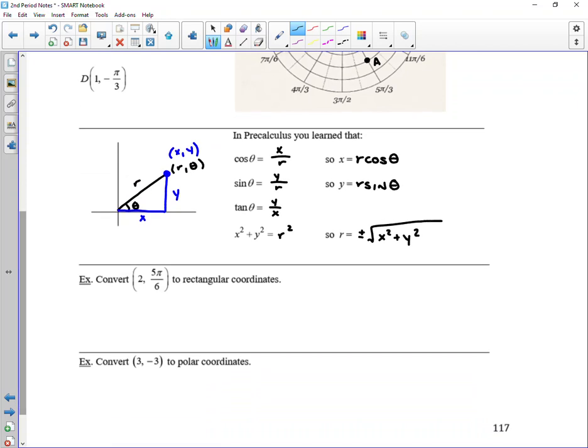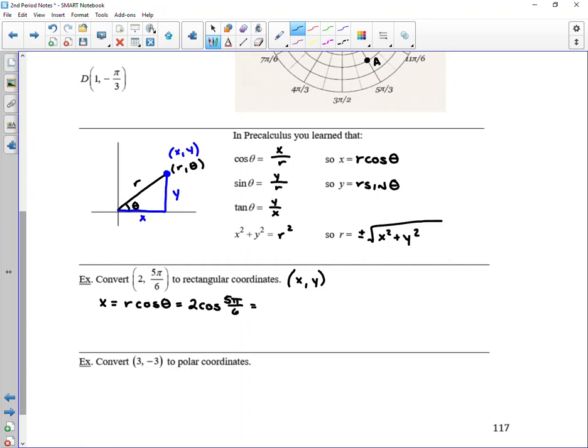Okay, we're going to start with polars, and we're going to convert them to rectangular coordinates. Rectangular is x comma y. So we're going to use these two formulas, x equals r cosine theta and y equals r sine theta. That's how to convert to rectangular. So x equals r cosine theta. R is 2 cosine of 5 pi over 6.